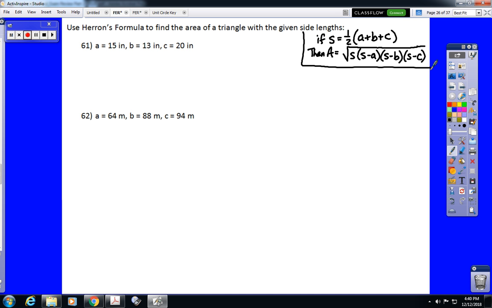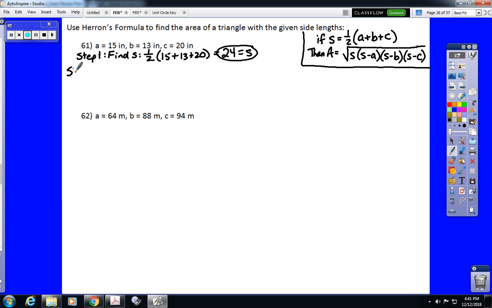So this is a 2-step process. Step 1 is to find S, which we do by doing 1/2 times A plus B plus C. So 15 plus 13 plus 20. We add those up, divide by 2. We get a semiperimeter of 24.